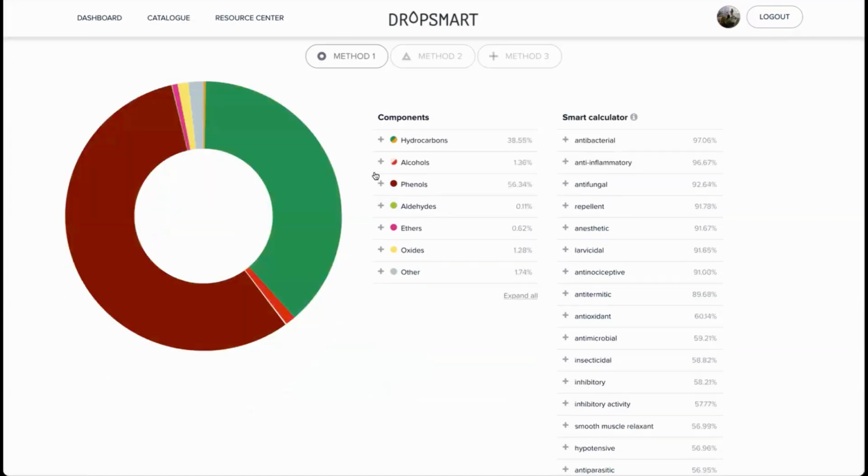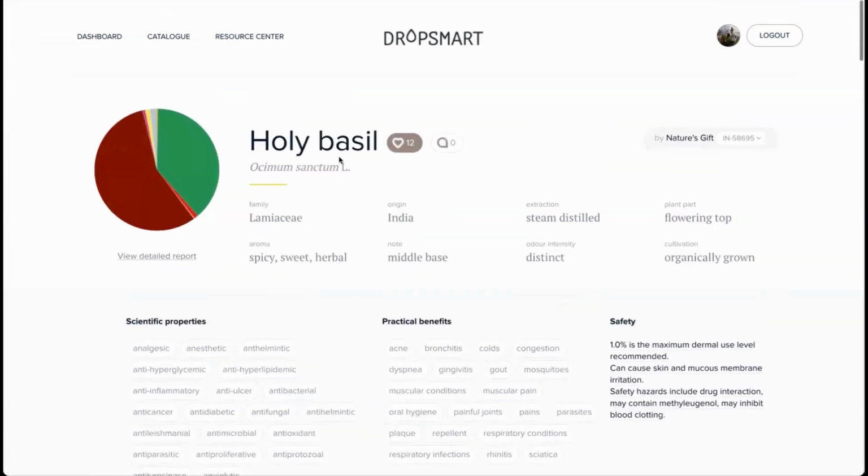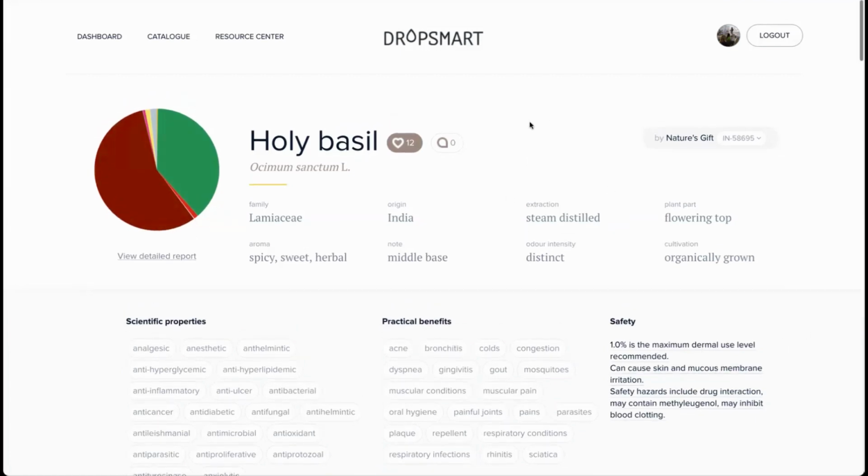Because maybe 20 years ago, even 5 years ago, there weren't so many oils on the market, so it was easy to remember 15 or 30, maybe even 50 oils and know how to use them, although not really know how to explain why you chose, I don't know, a holy basil for acne and not something less skin sensitizing. Why would you do that?